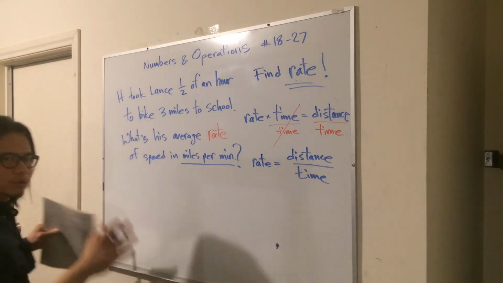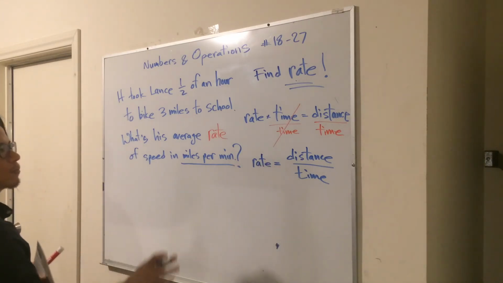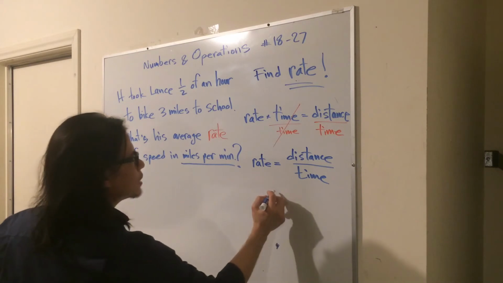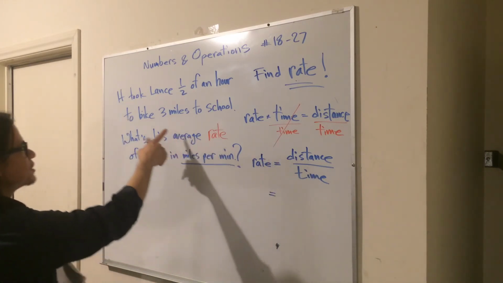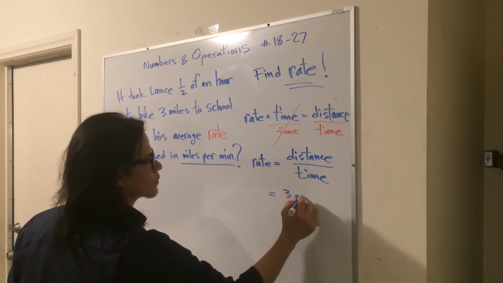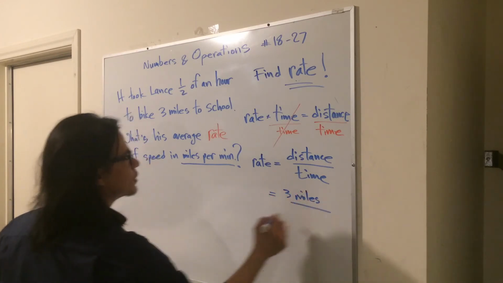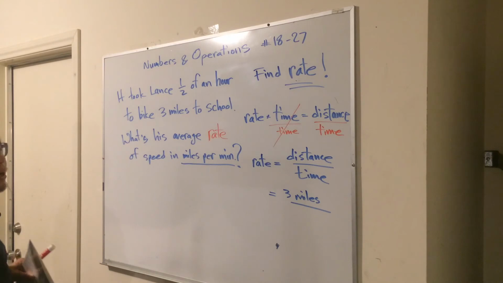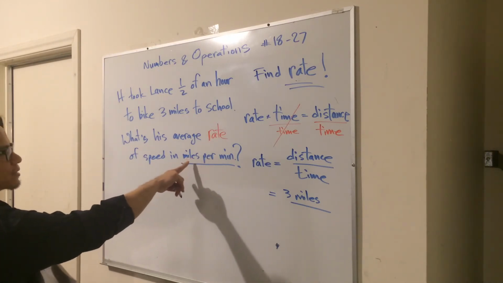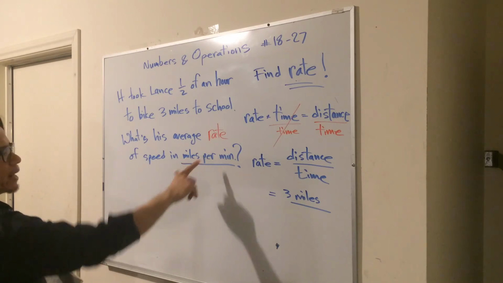Now, the rest of this, we just have to plug in the numbers. So, rate is equal to distance, 3 miles, over the time, half an hour. How many minutes would that be? Because we're asked to find the rate in miles per minute.